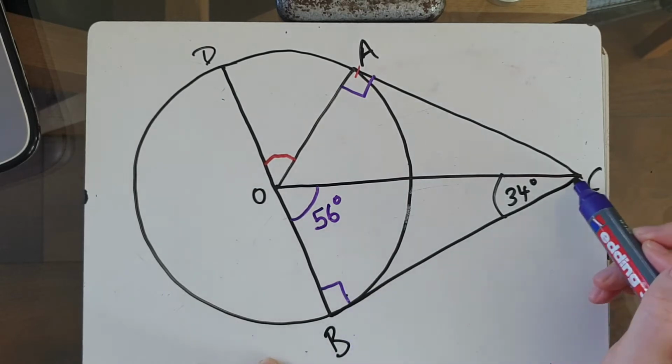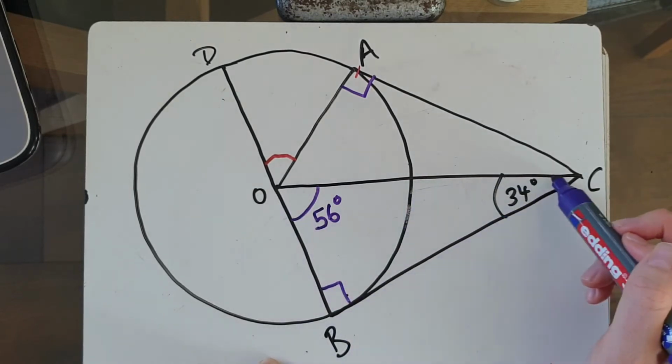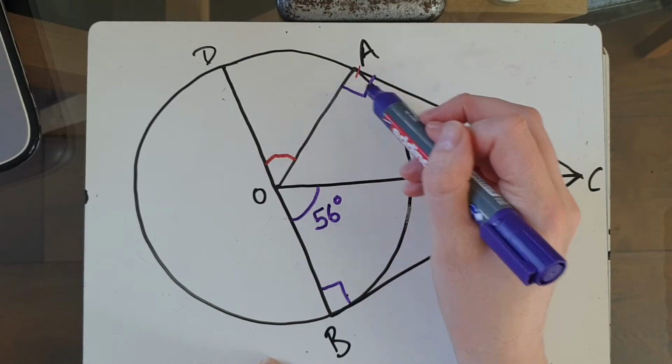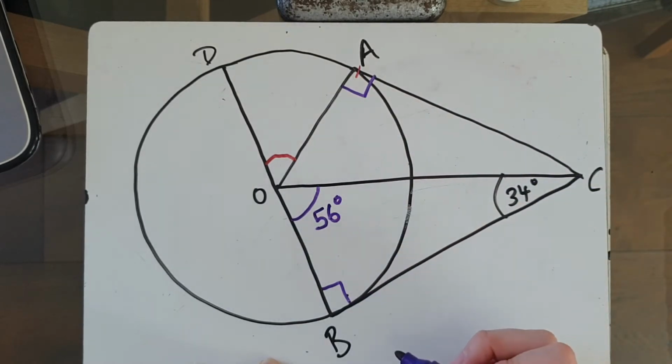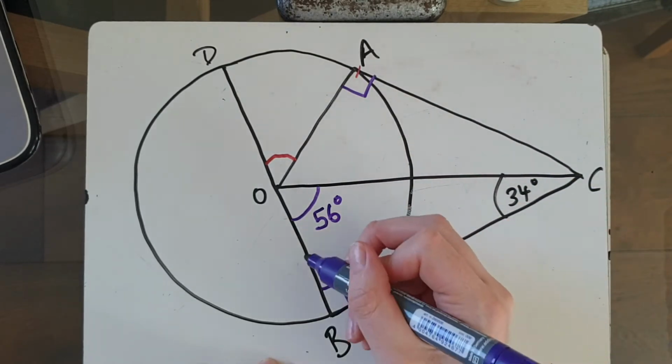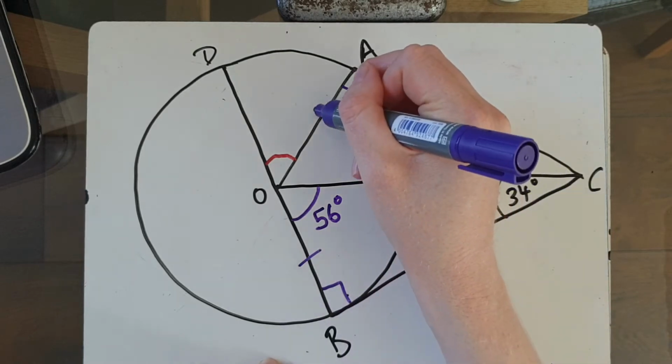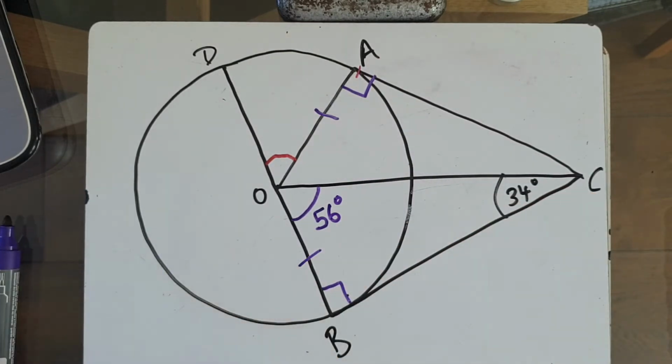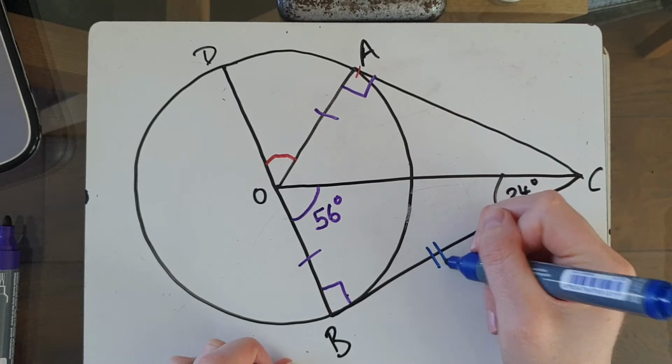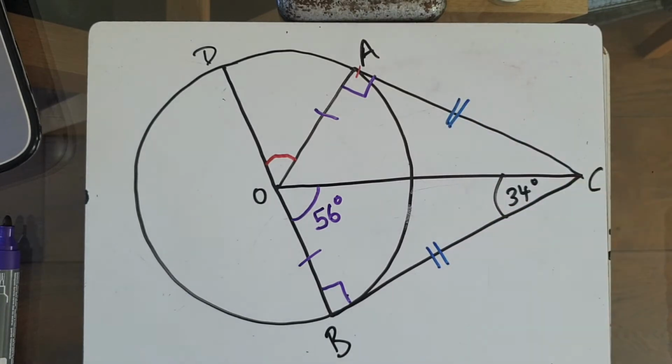These two triangles, so this one and this one, are going to be congruent because they've got two sides the same. Actually, they've got three sides the same.